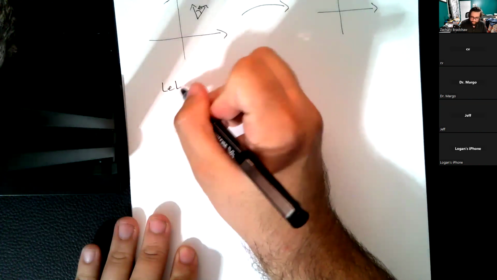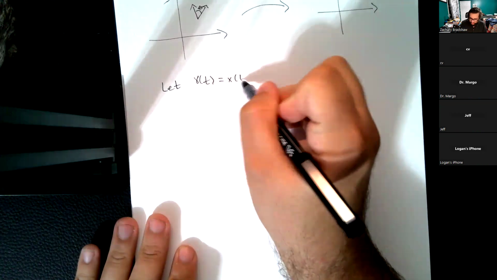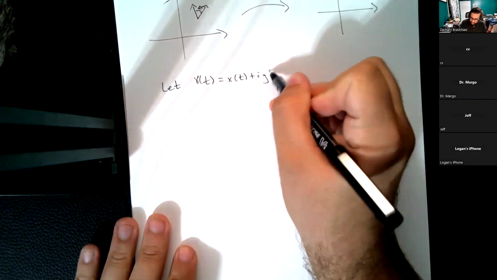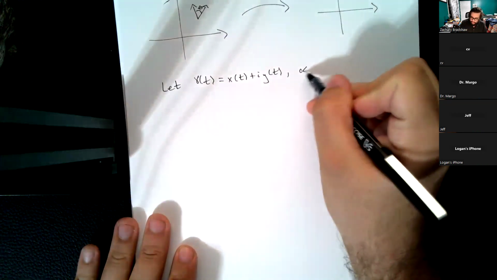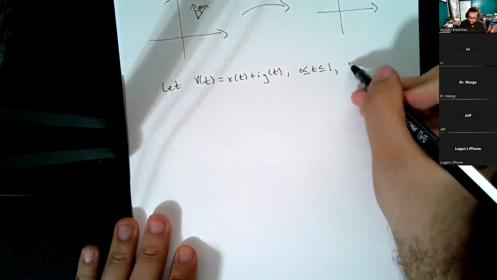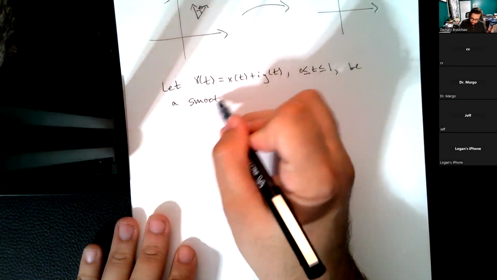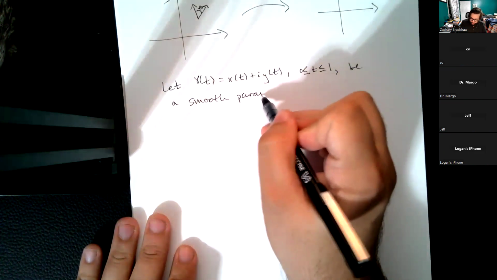So let's let gamma of t equal x of t plus i y of t, where t is ranging from 0 to 1. So let this be a smooth parameterized curve.